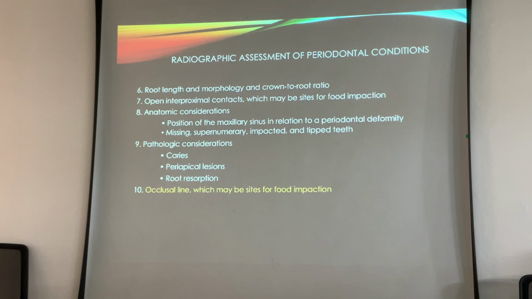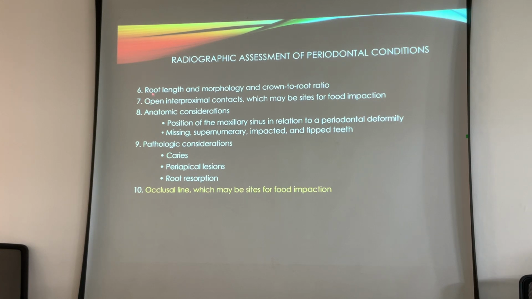Maybe you can see there's caries, so the interproximal of the teeth is not good. Or maybe you can see there's an occlusal line or foot infection, and that's all.